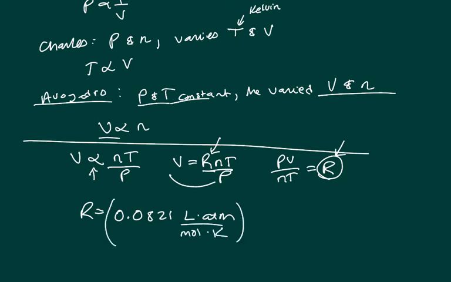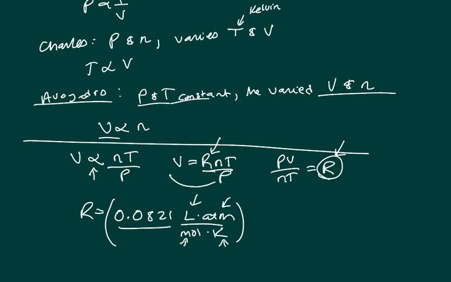And it has a lot of units, and these units are extremely useful because your pressure should be in atm, your volume should be in liters, your n in number of moles, and your temperature in Kelvin. Otherwise, you will not be able to use that. And actually, R sometimes comes as a different number if you had different units. But this is the one that's in your book, and this is the one that we're going to use.